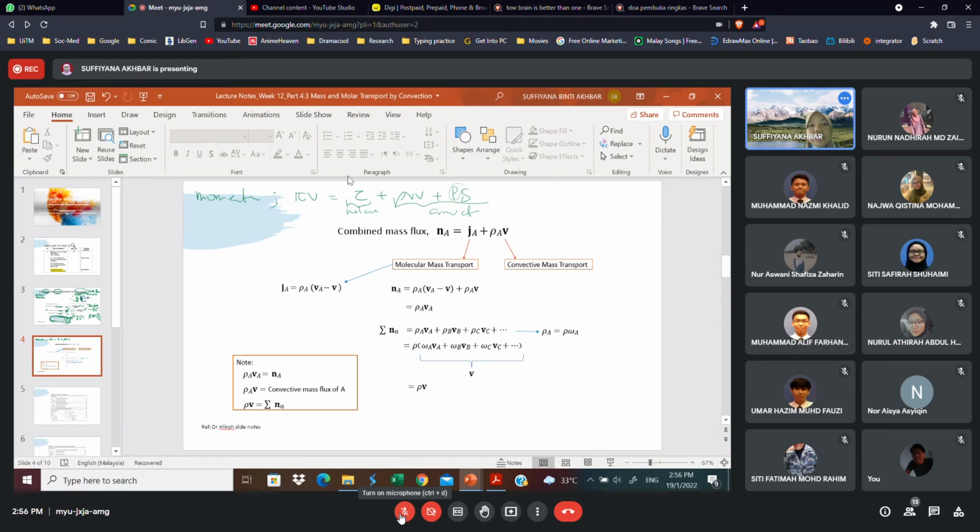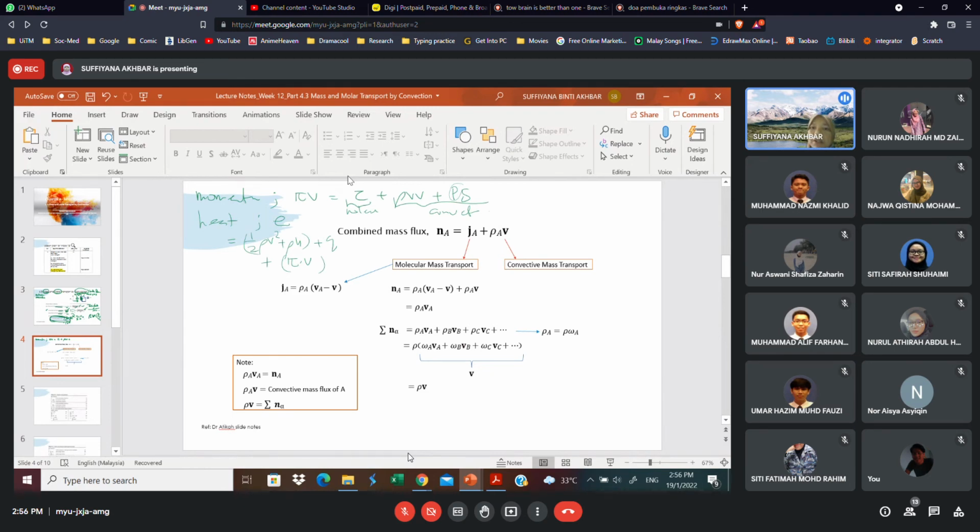Kalau heat, kita ada apa? Combined energy flux, right? Which is equal to apa? 1/2 rho V plus Q by convective plus by P. Ingat tak? You kena ingat lah, okay?